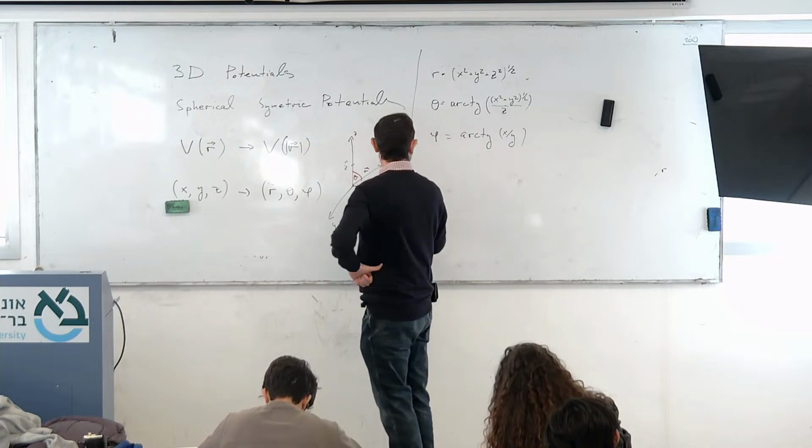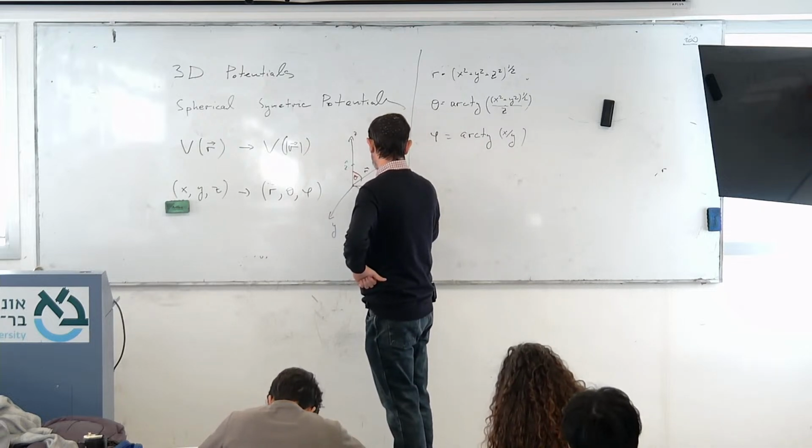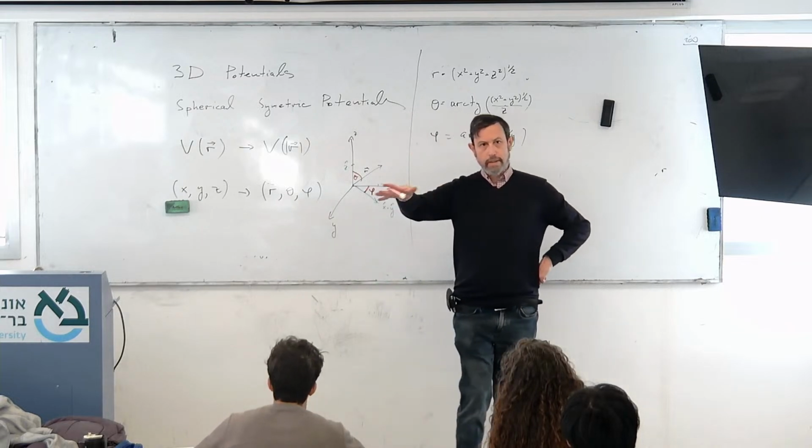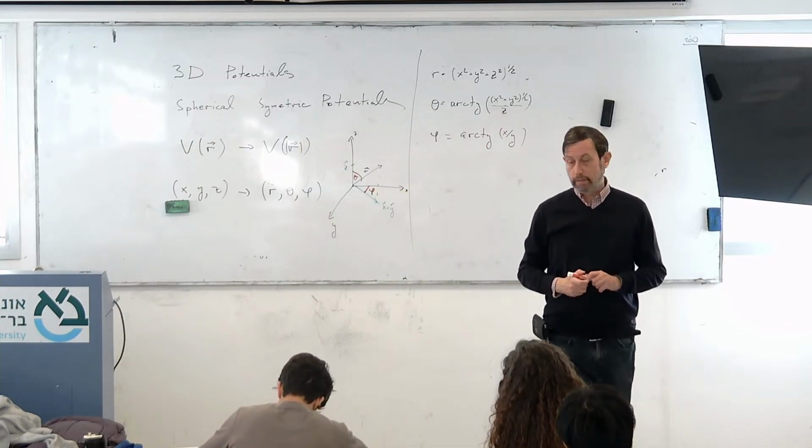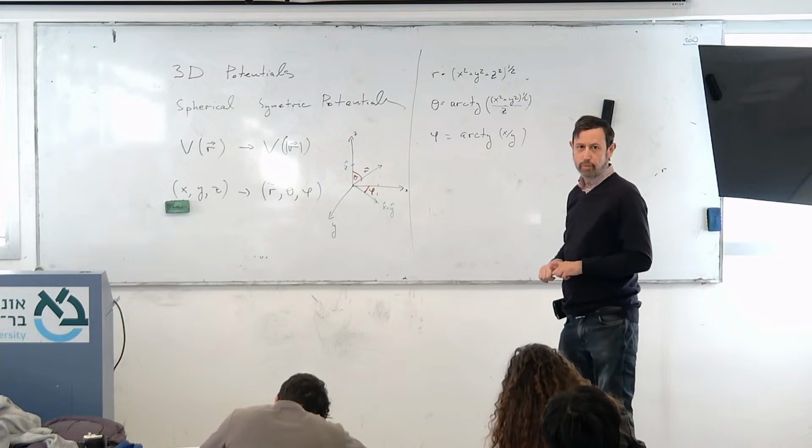And phi is the angle on the xy plane. That's why we have here only xy.